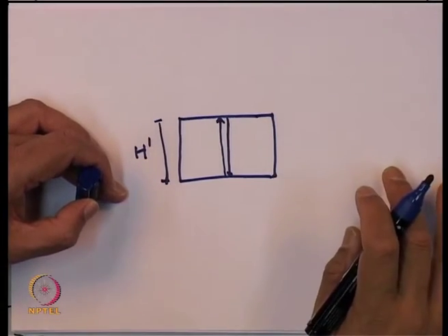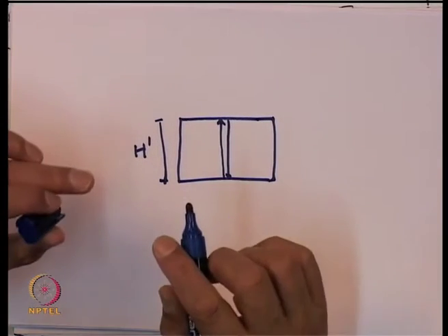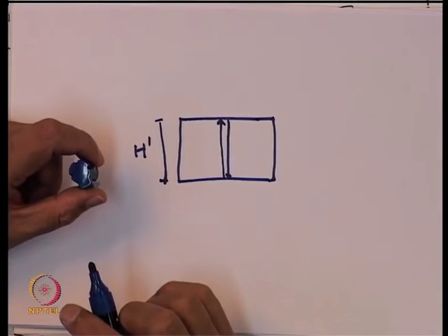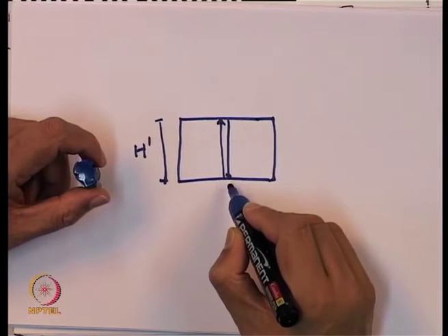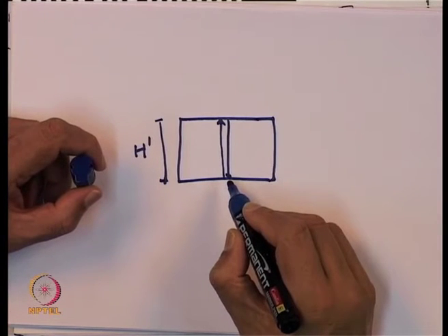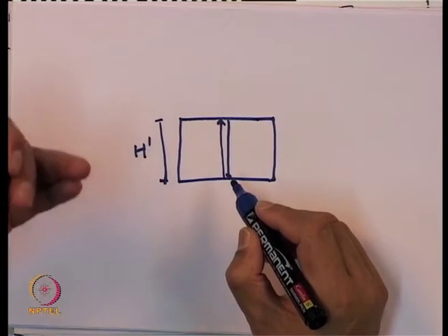Remember, every piece of information has been given in the S prime frame of reference. So, the total distance that light would travel will be h prime while going up and h prime while coming down. So, the total distance is 2h prime, and we know that light travels with the speed of light.